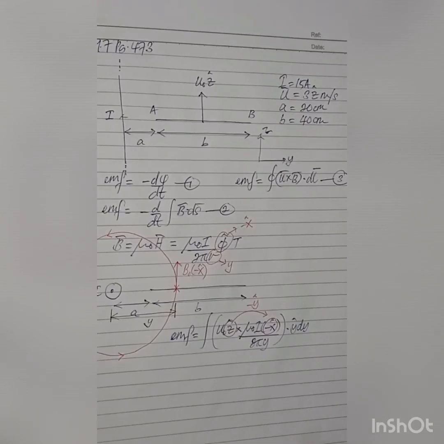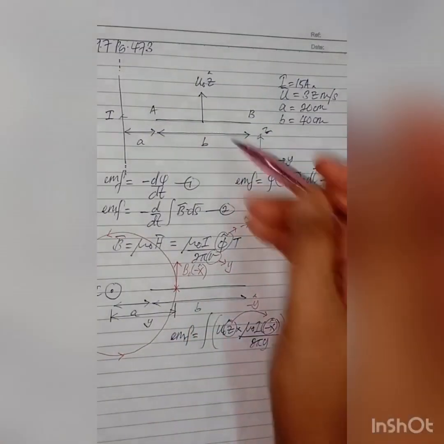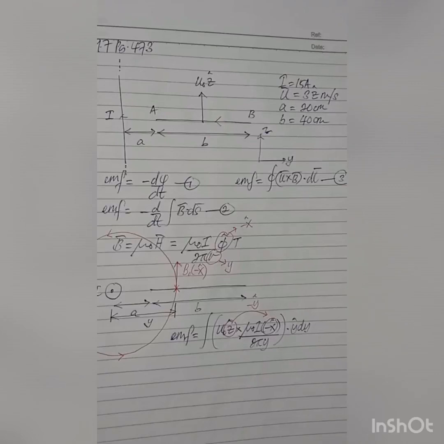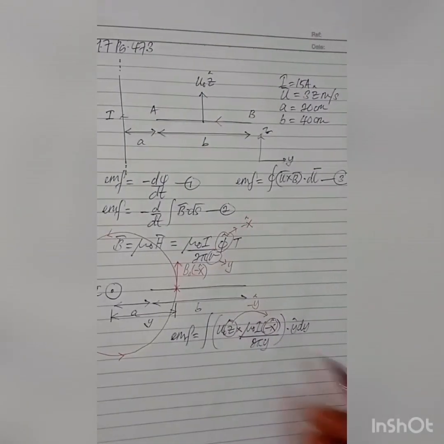Now you can see your thumb showing the current flow, which is flowing in the negative y direction. So that is going to be our I direction, which is from B to A in the negative y direction.